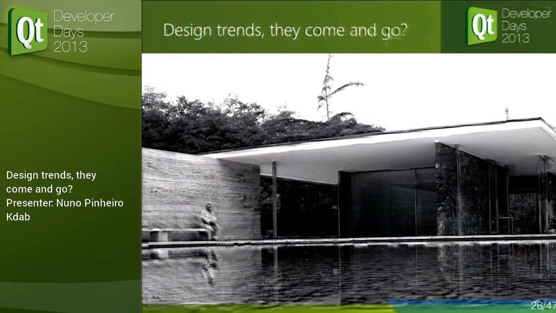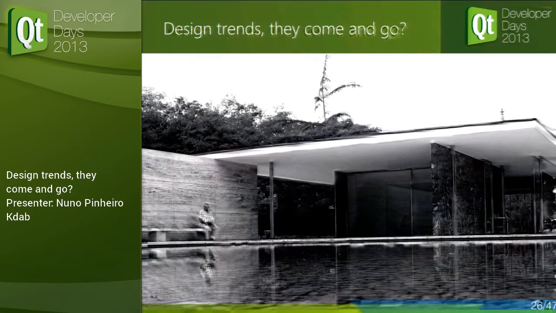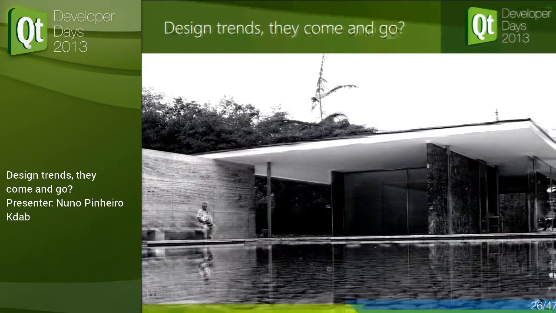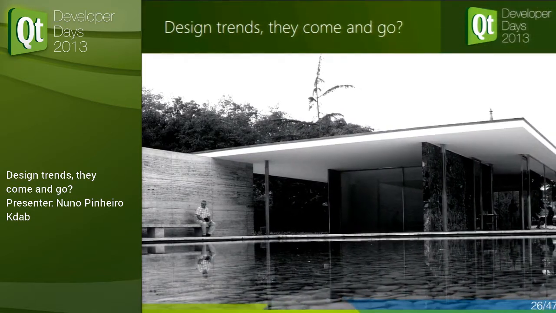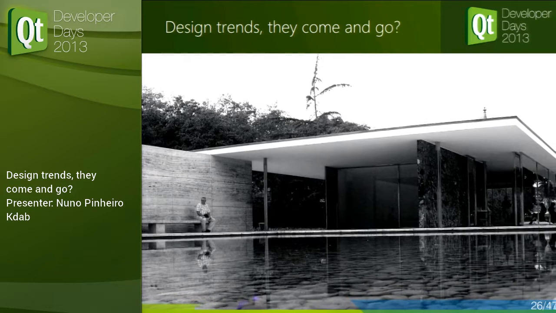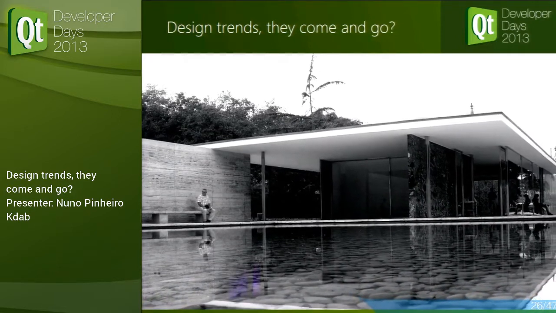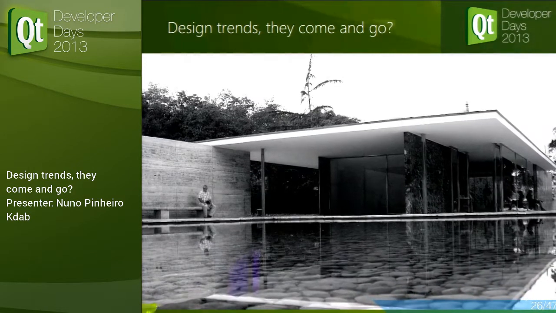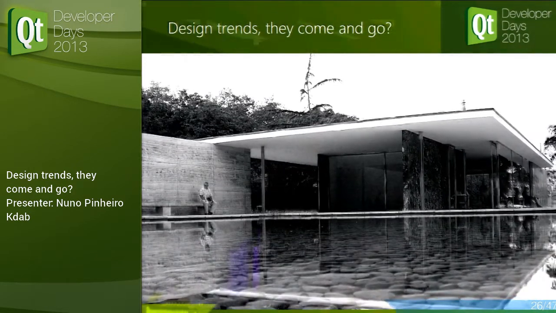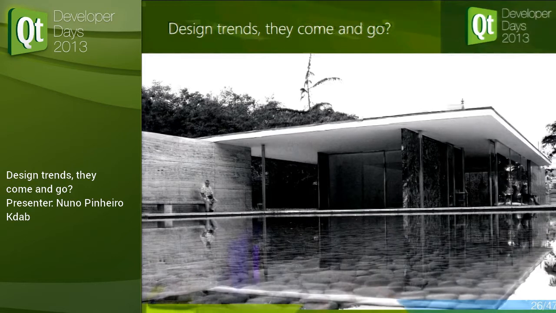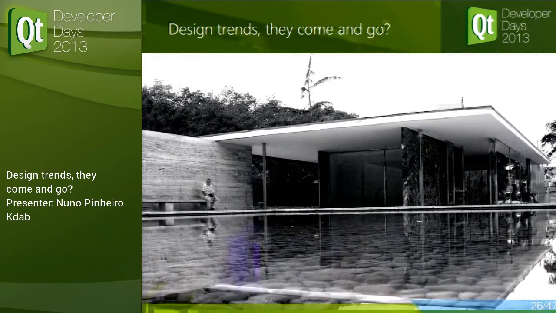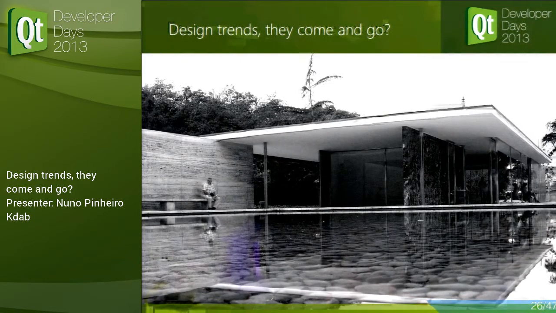So he was questioning, and a lot of people were questioning, but what makes him unique is that he was the first one to actually produce something not in that style. He pushed for something completely different. Depending on how you search for it, this is the Barcelona or the German pavilion in the Barcelona World Fair.